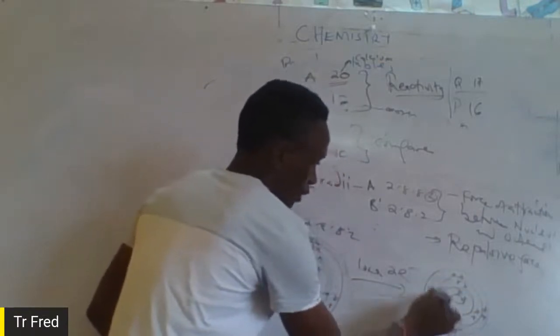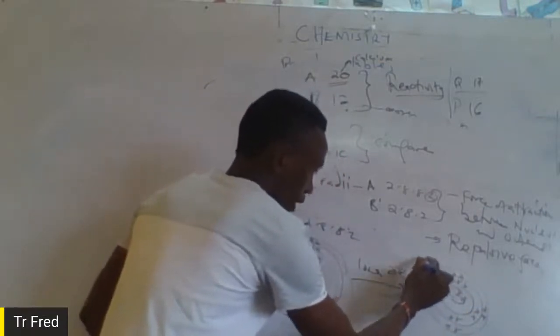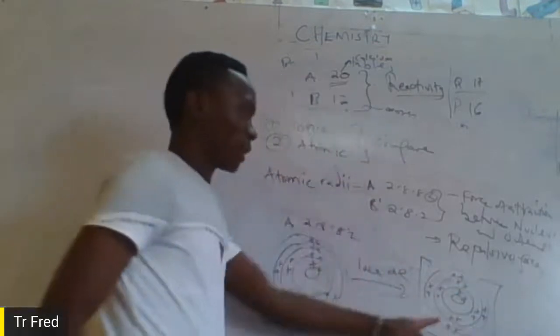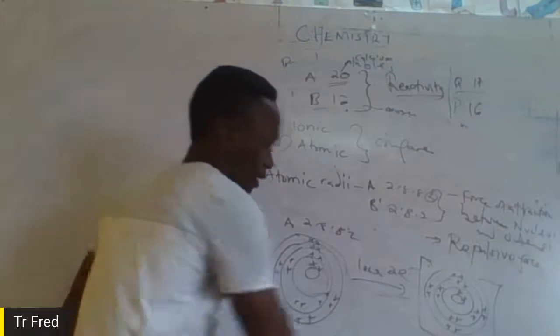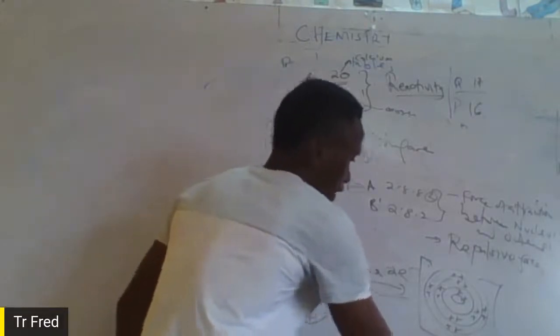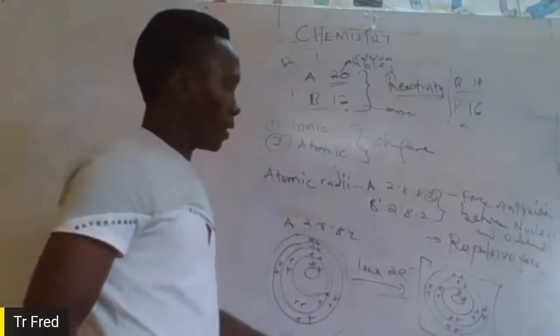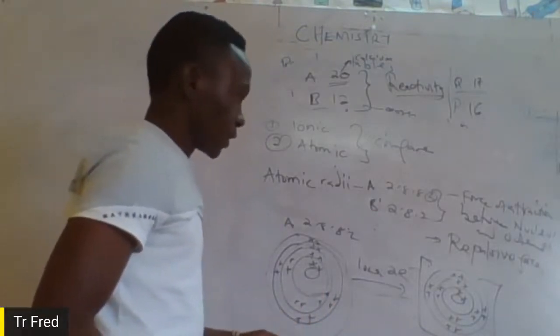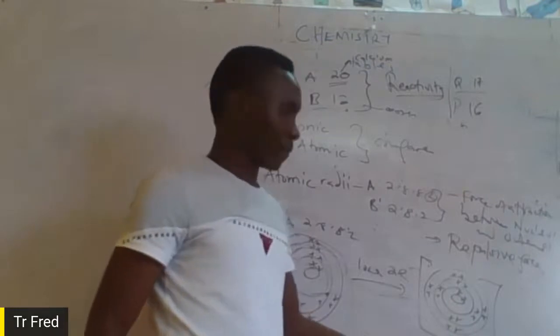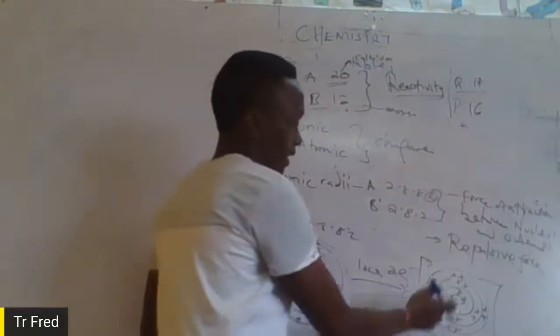So when you compare the number of energy levels for the second diagram, this one is A and this one is A2 positive. When you compare the number of energy levels for the first case compared to the second one, you'll find that this one is one energy level less.